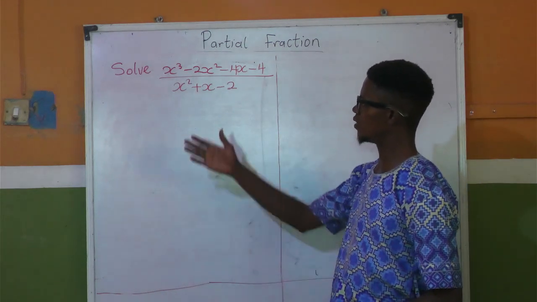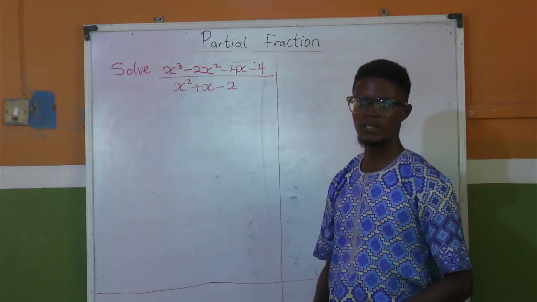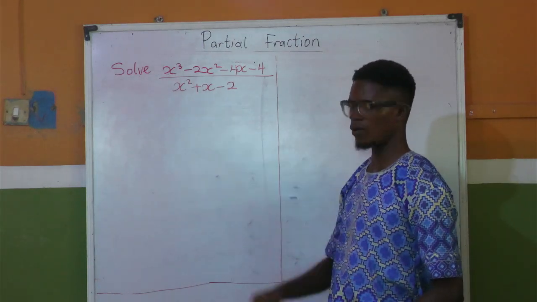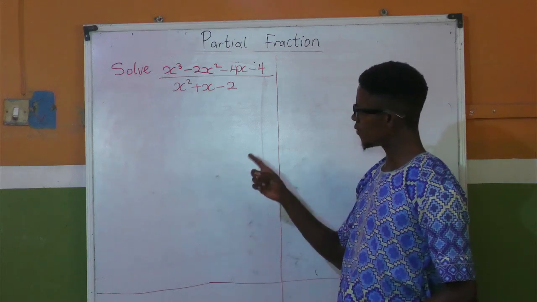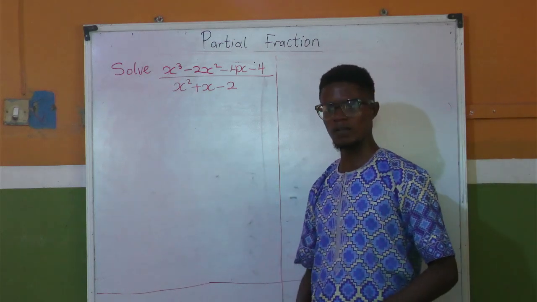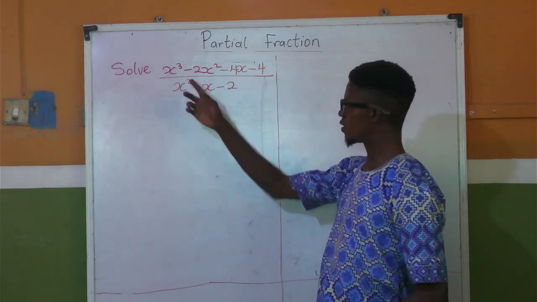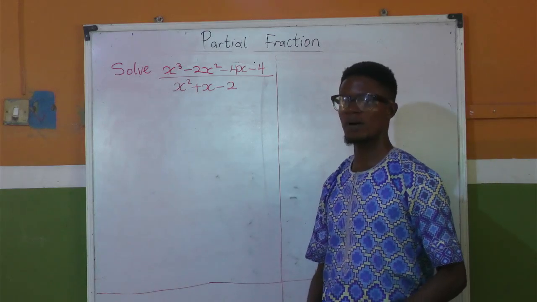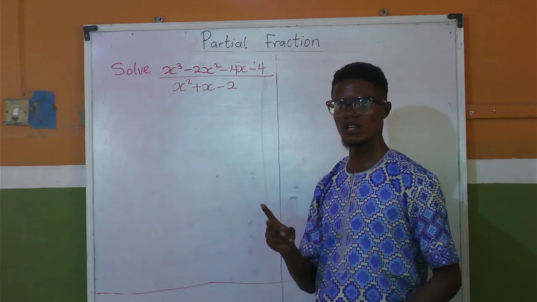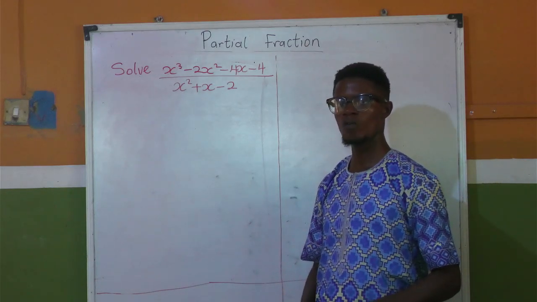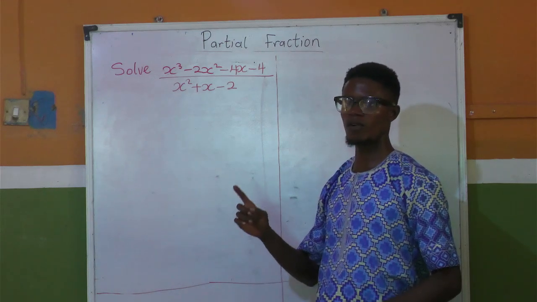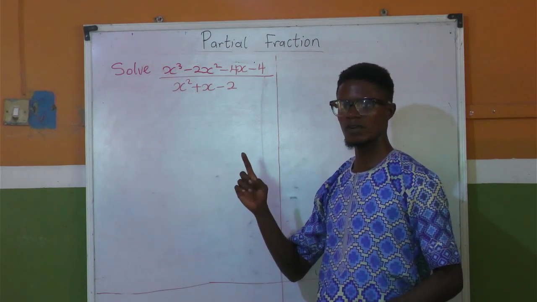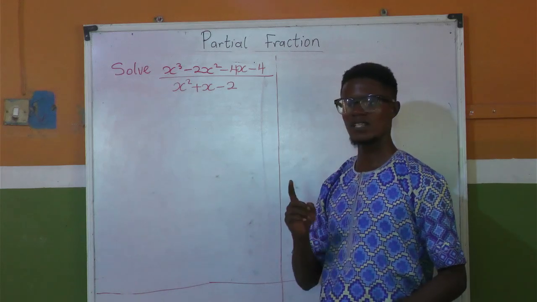Now you can see that the numerator has a power of 3, while the denominator has a power of 2. Another thing I should mention is that even if they both have equal power, let's say this is also to the power 2, you have to perform a long division. So there are two scenarios where you have to perform a long division: when the powers are the same, and when the power of the numerator is greater than that of the denominator.